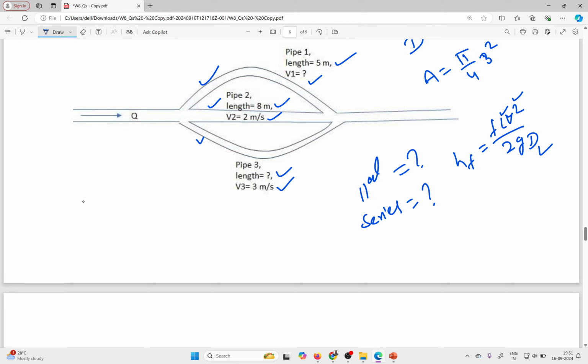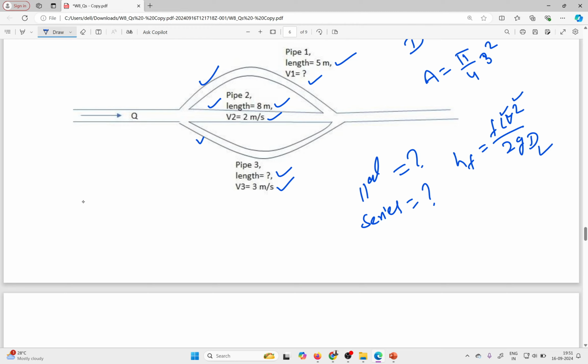L1 is given already as 5. L2 is given as 8. V2 is 2 meter per second, and V1 you need to calculate. So 5 by 8 is equal to 4 by V1 square.